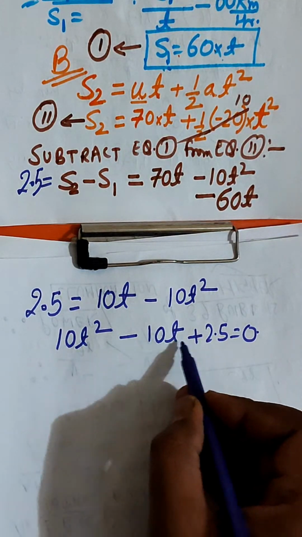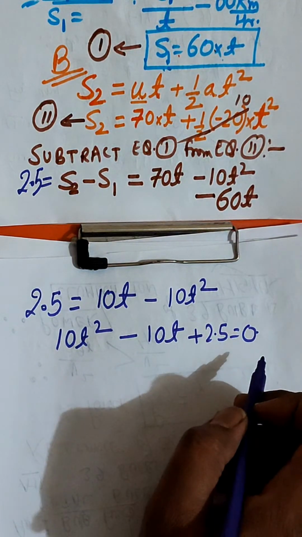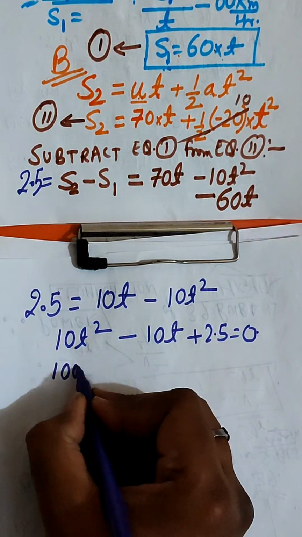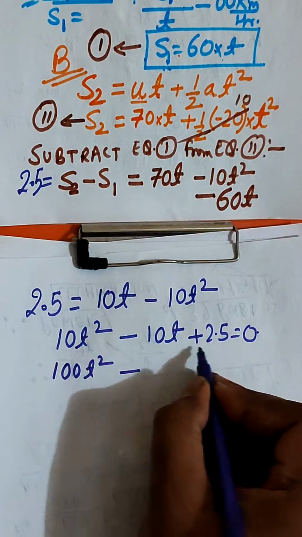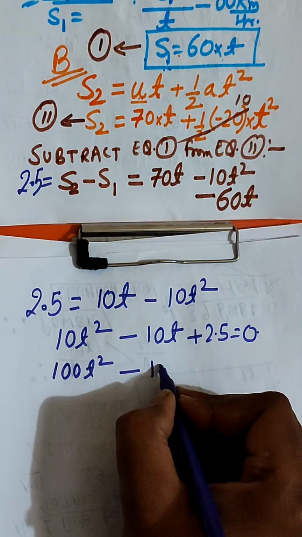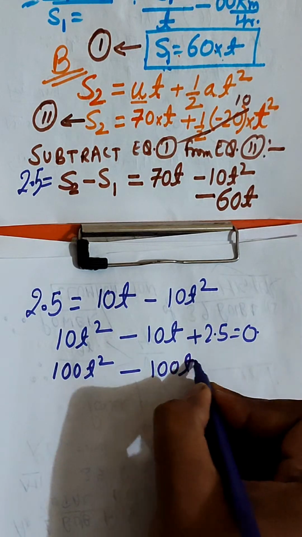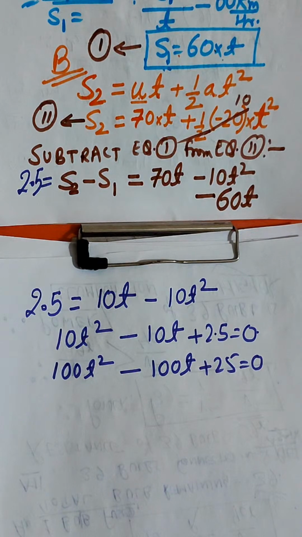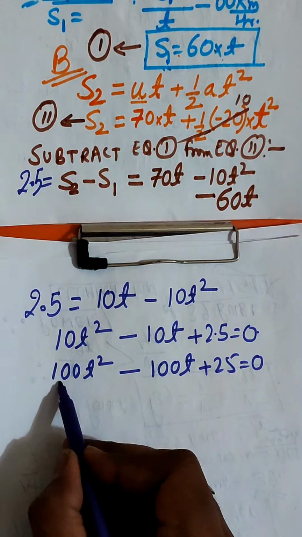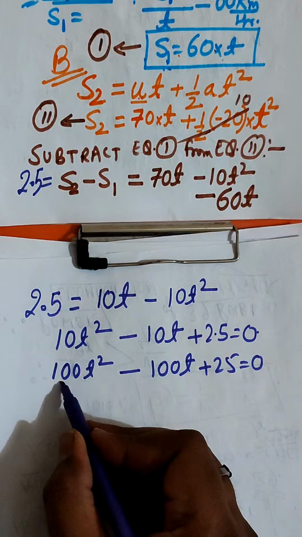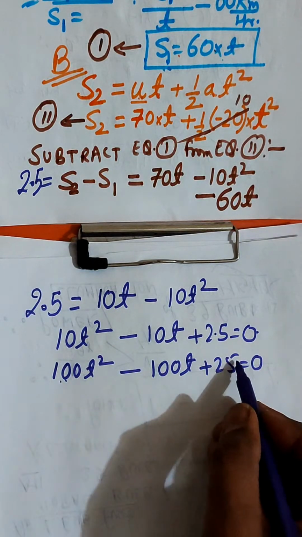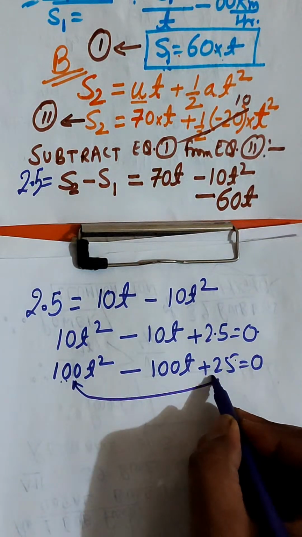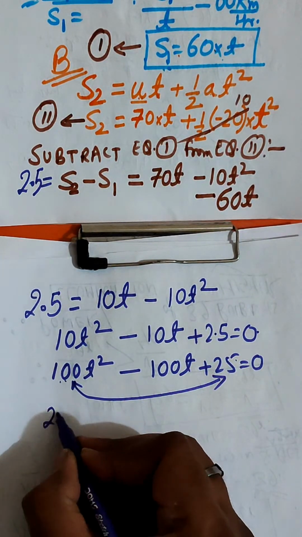Now this is a simple quadratic equation. So what we will do, we will remove the decimal, then this will become 100t square minus 100t plus 25 equal to 0. I just removed the decimal of the constant term. Now just split the middle term. 25 into 100 will be 2500.